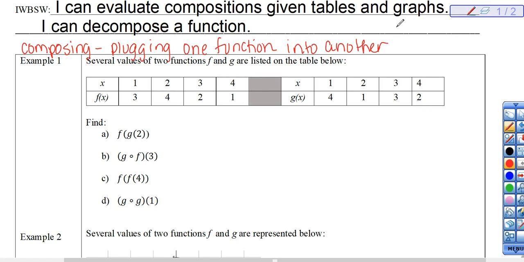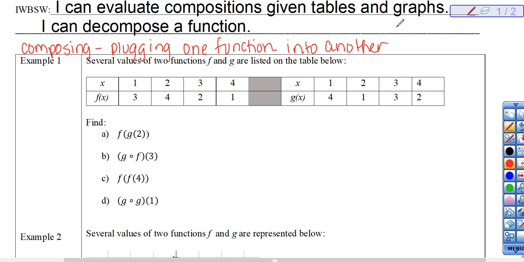We're not multiplying, we're not adding, we're not subtracting, we're not dividing, we're composing. So we're inserting one thing into another thing. And then we'll use some math, of course, and some operations to simplify.